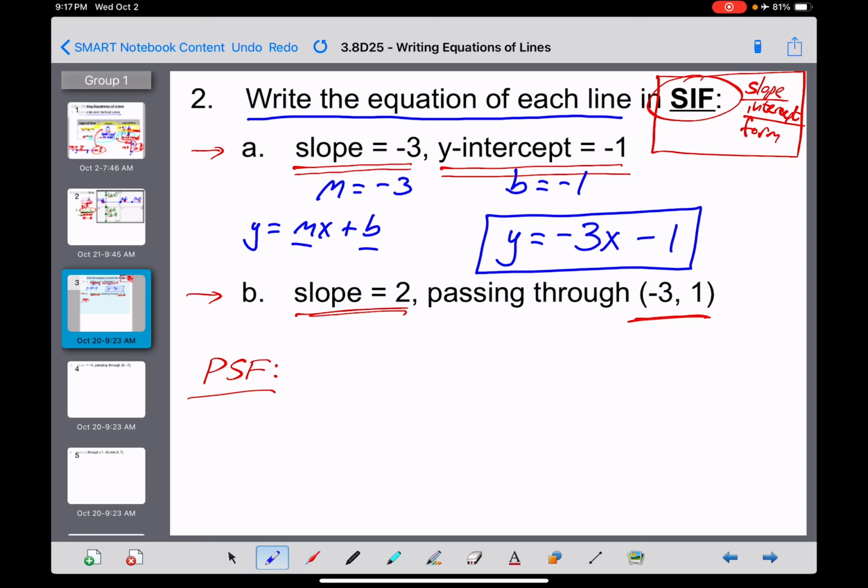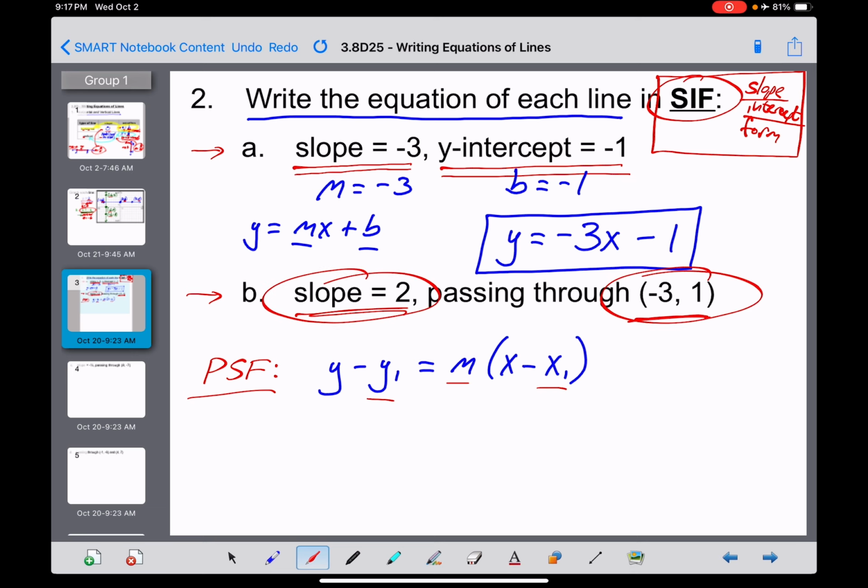So the generic version of point-slope form is y minus y1 equals m, and then in parentheses, x minus x1. And we are now going to fill in values for y1, m, and x1, all of which was given to us here and here.